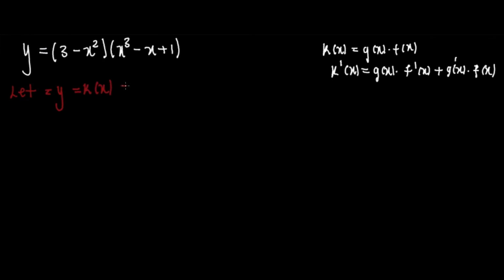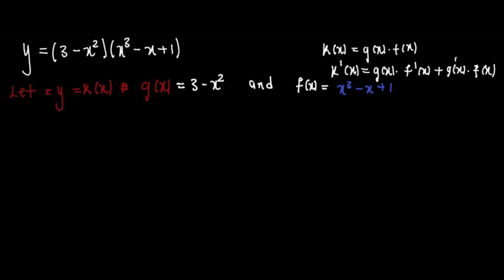So it's obvious that since we have k of x to be equals to y, that will mean that g of x will be equals to 3 minus x squared, and f of x will be equals to x cubed minus x and plus 1.